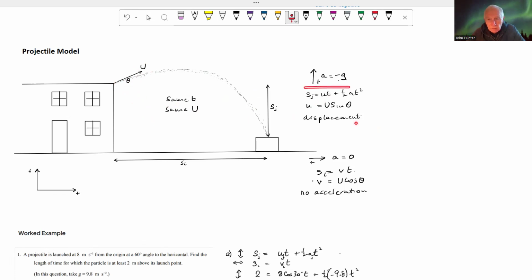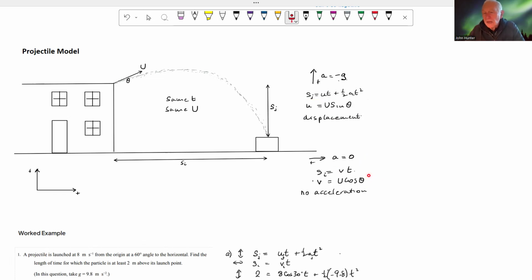Acceleration, obviously, is minus g. We're using that equation most typically, where our initial velocity is this. Then when we're thinking about the horizontal, again, generally speaking, acceleration equals zero.